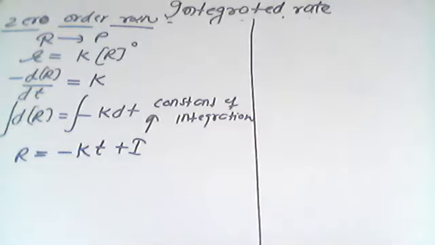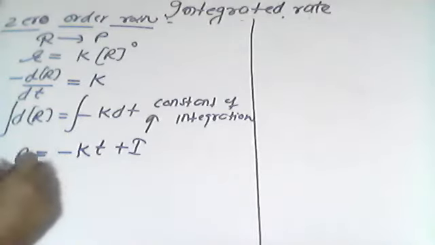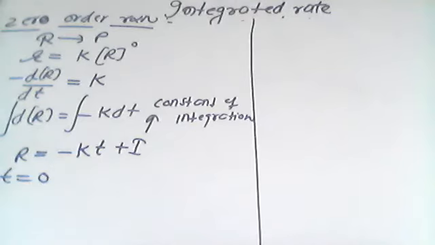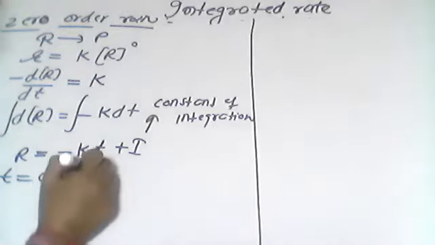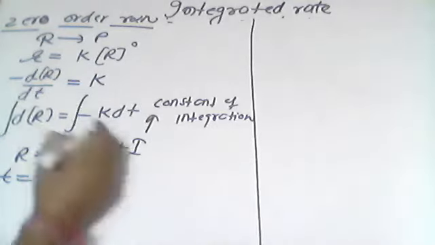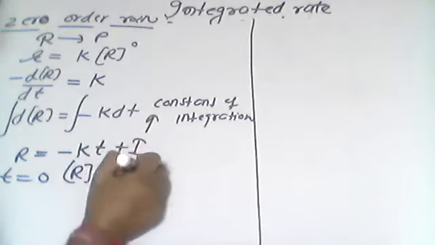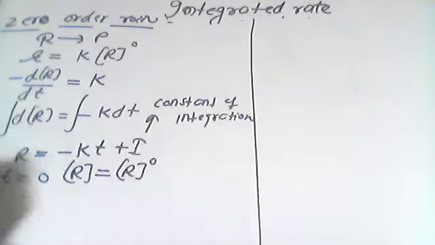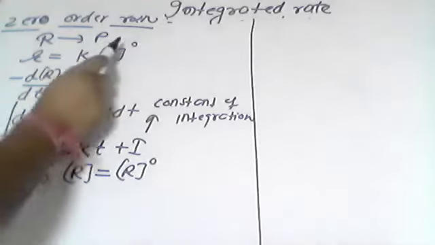Now I need to find the value of the constant of integration, I. How can I find it? When time t is equal to 0, when the reaction has not started, the concentration [R] is equal to [R] naught, the initial concentration. It is not 0, okay?